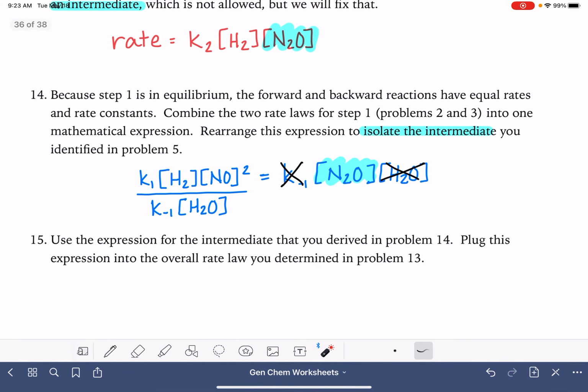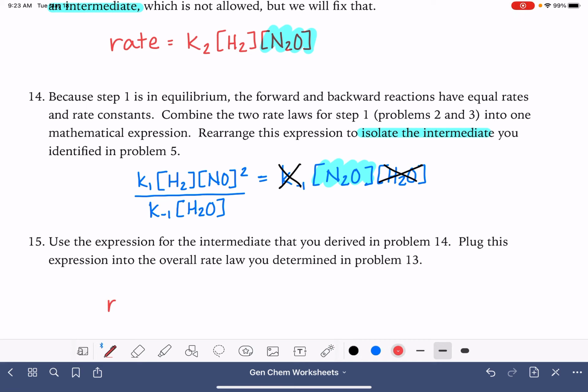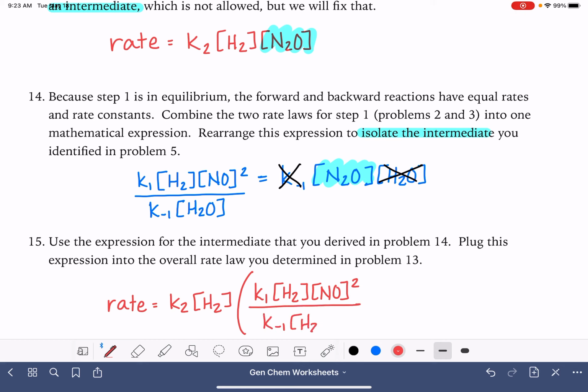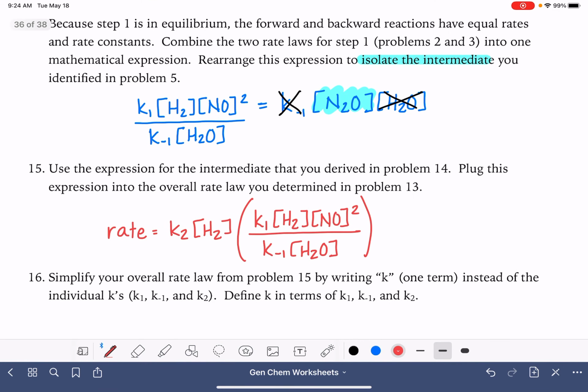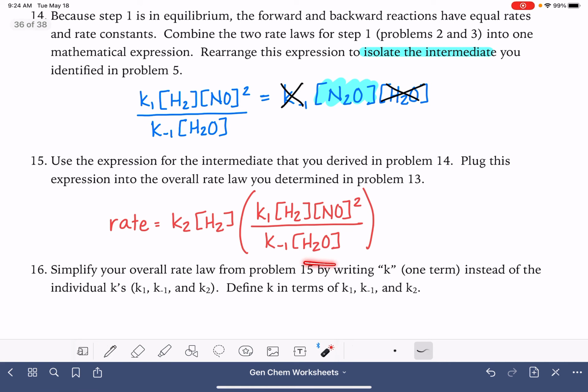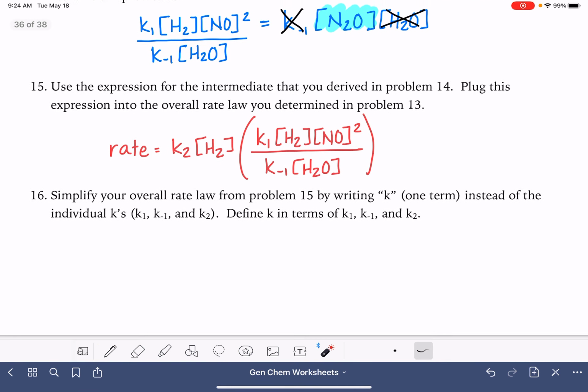So this is going to get really bulky. Our overall rate law is going to be rate equals K2 H2, and then instead of writing N2O, we're going to write K1 H2 NO, which is squared, over K minus 1 H2O. All of that right there. And then we're just going to simplify this to make this a little bit prettier.